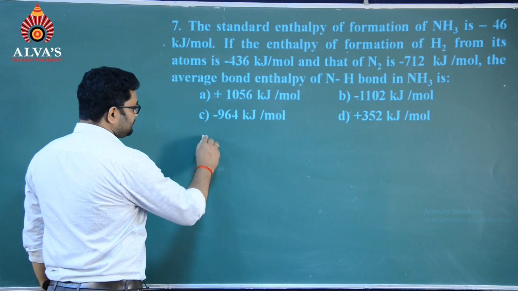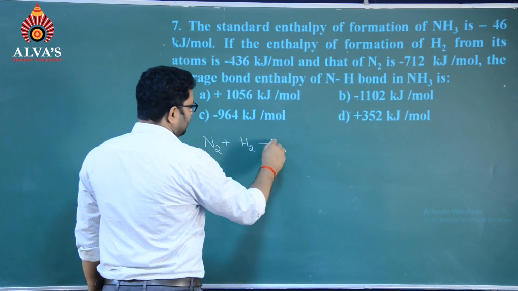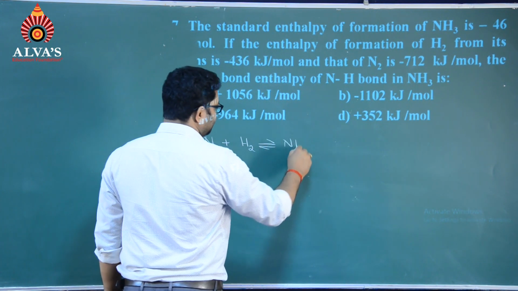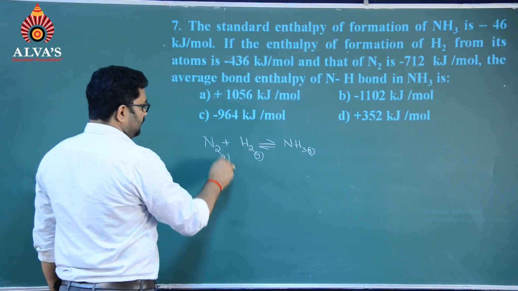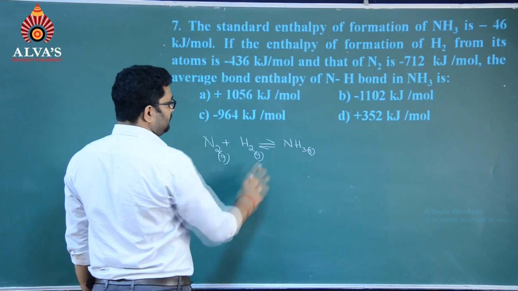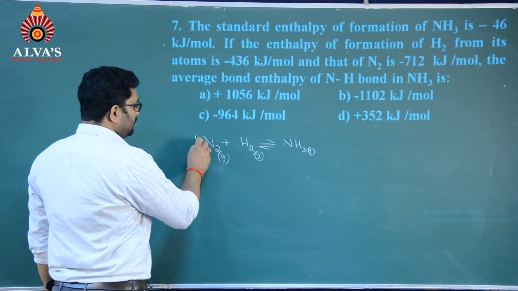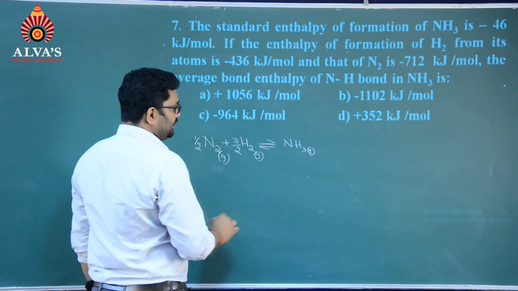Now we will write the equation. N2 plus H2 will give NH3, a gaseous reaction. Now we are going for enthalpy of formation, that is formation of 1 mole of ammonia, which means it should be half nitrogen and 3/2 hydrogen.